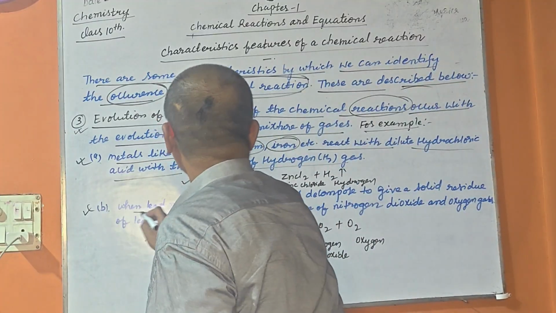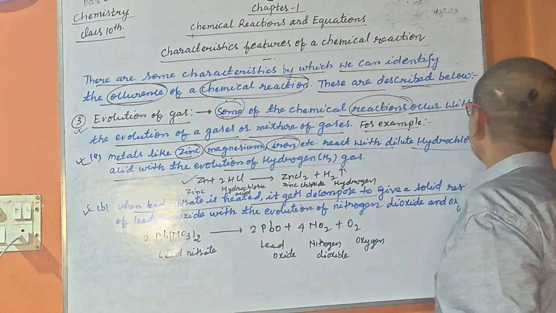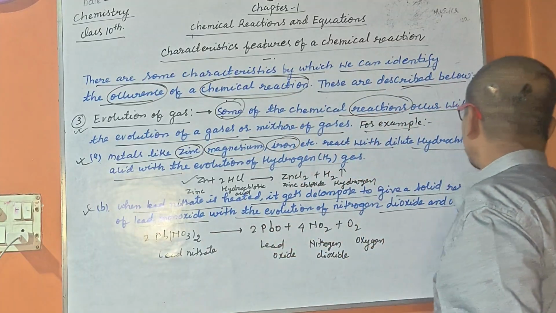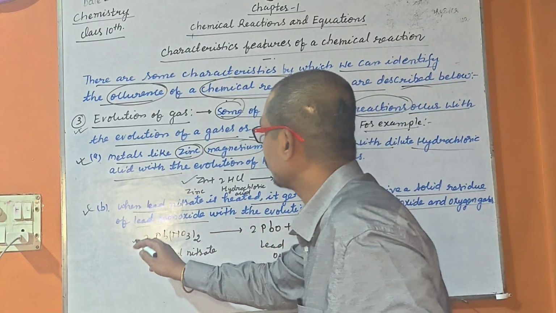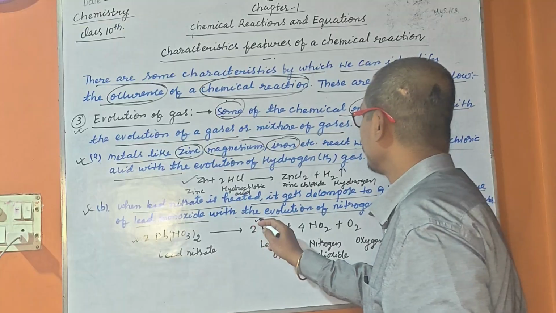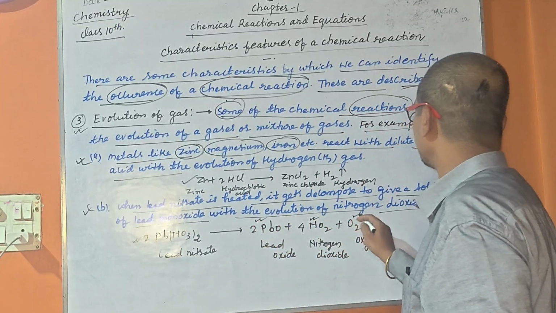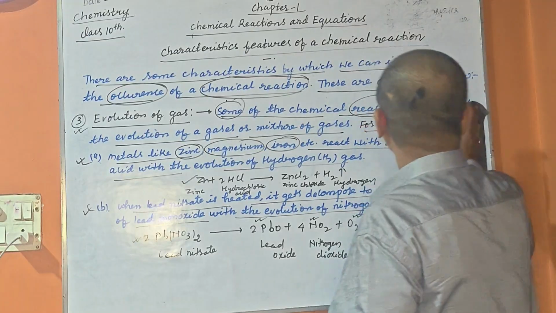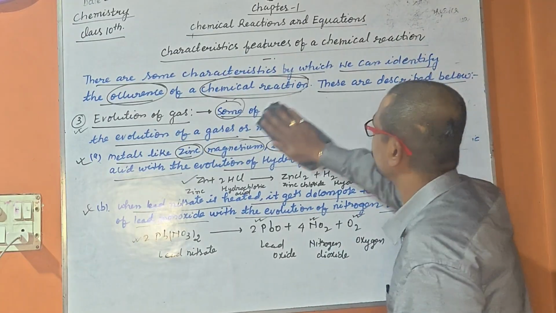Second, when lead nitrate is heated, it gets decomposed to give a solid residue of lead monoxide with the evolution of nitrogen dioxide and oxygen gases. So this is characteristic feature number 3 of a chemical reaction.